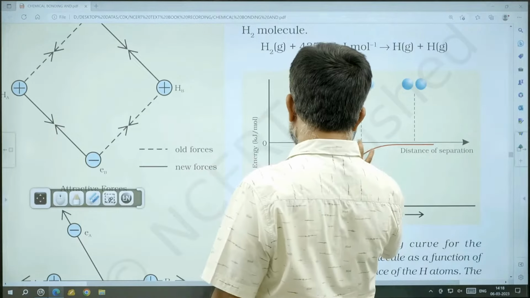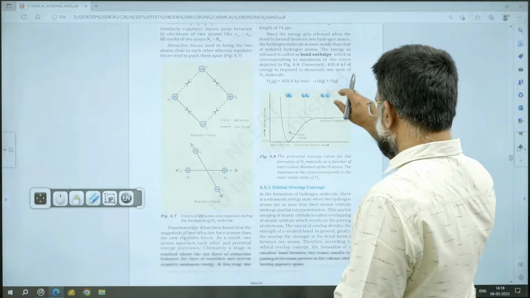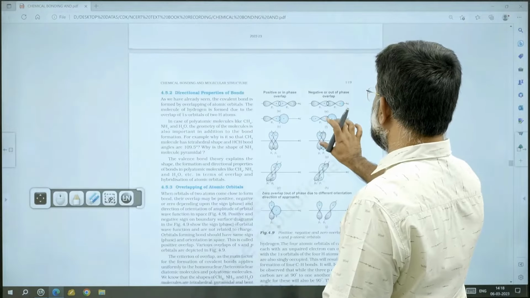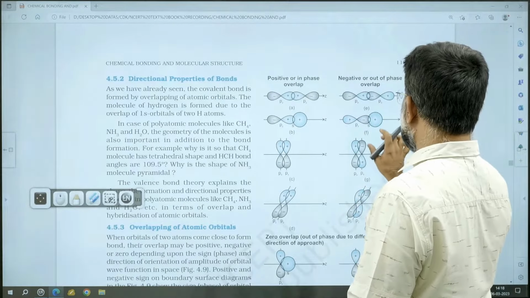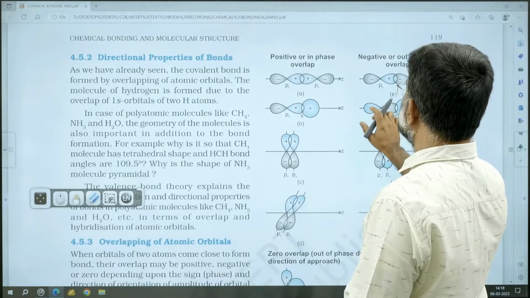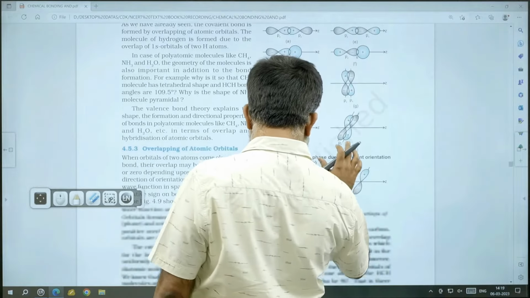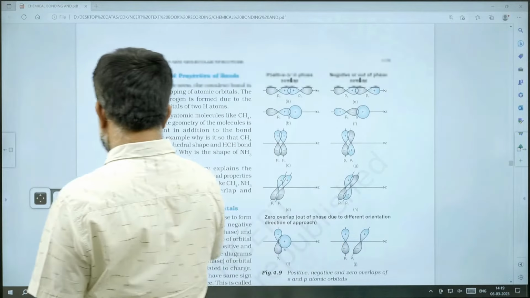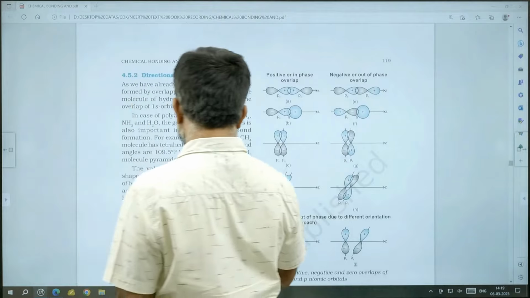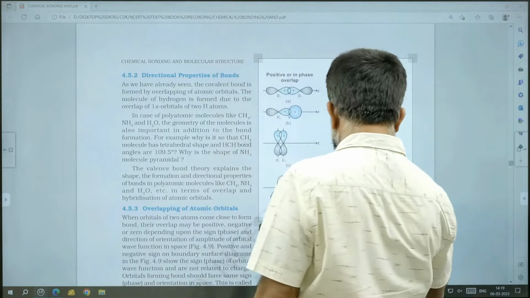And the kinds of orbital overlap that are possible are also explained in the same area. This is the kind of overlap, very important. It's better I take a picture and we'll review from there.